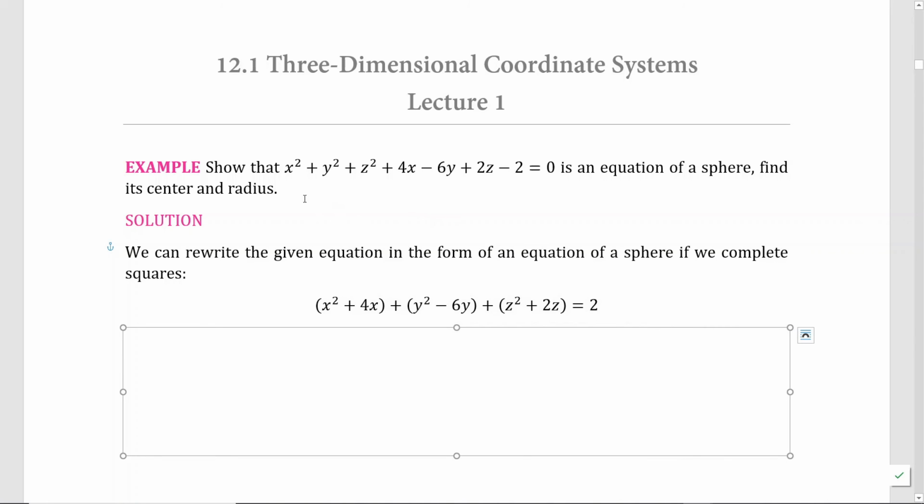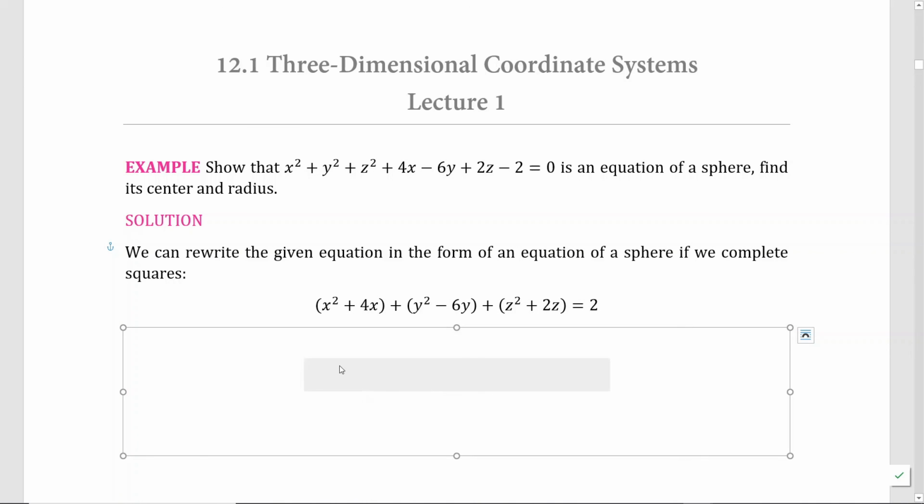Now we're regrouping the terms in the equation in this way. In the first group, we'll have the x terms only. In the second group, we have the y terms only. And in the third group, we have the terms involving z only. And we moved this constant 2 to the right-hand side of the equation.